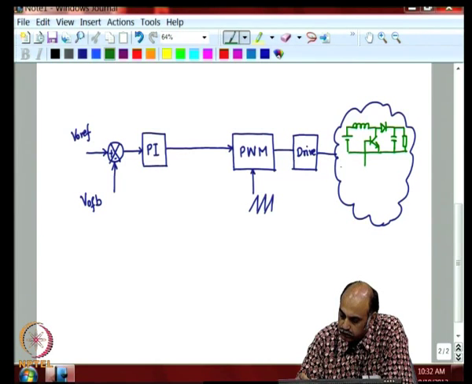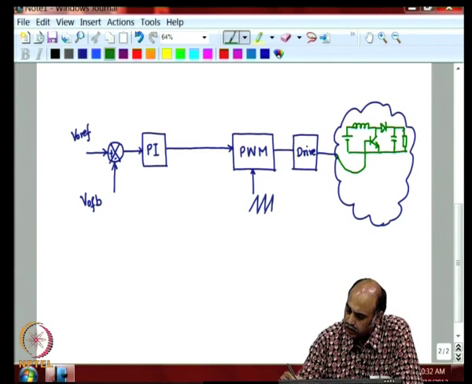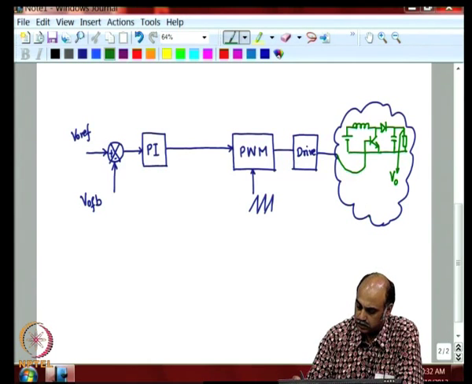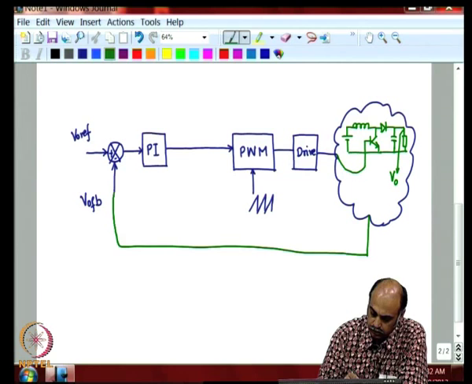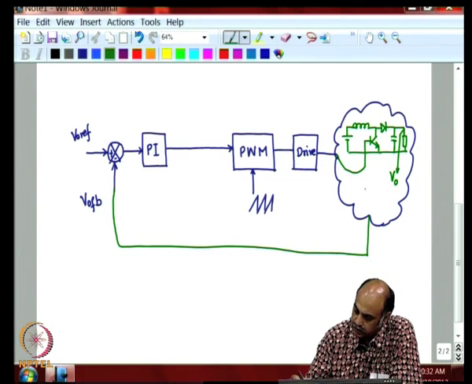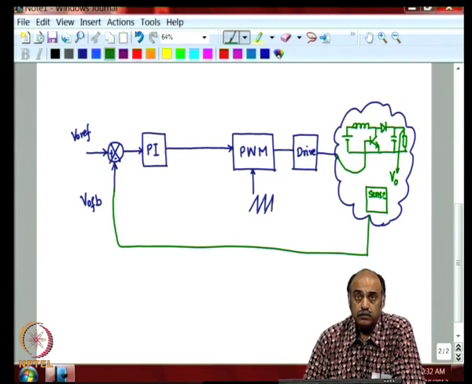So, the gate of it is controlled by this, and you have V naught coming in here, and this is fed back through this. Of course, there will be sensing circuitry to do the feedback portion.